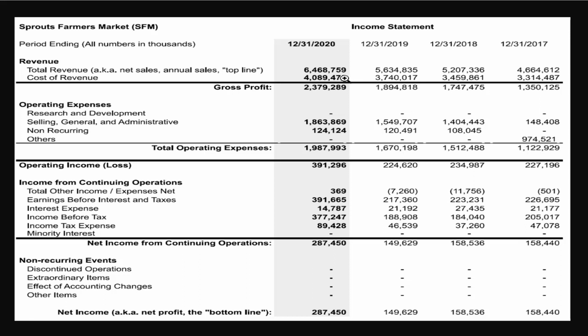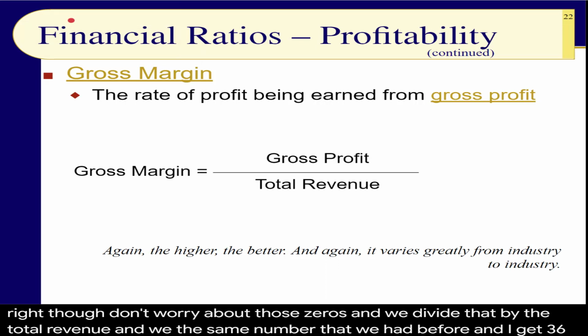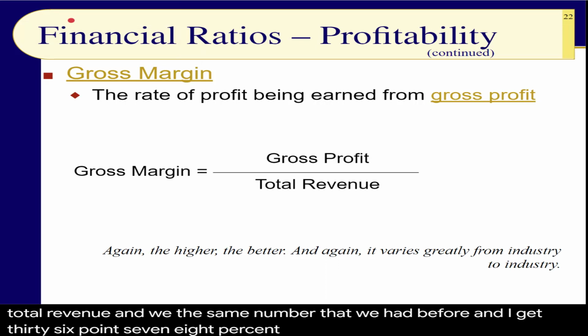In other words, what Sprouts had to pay for the things that it sold. So their gross profit was $2,379,289,000. We don't worry about the zeros. And we divide that by the total revenue, the same number that we had before, and I get 36.78%.